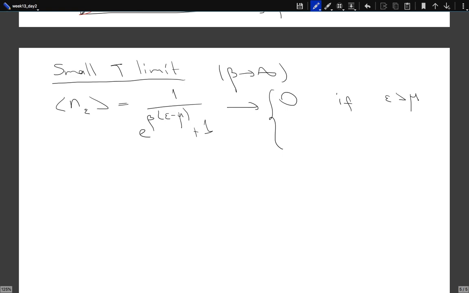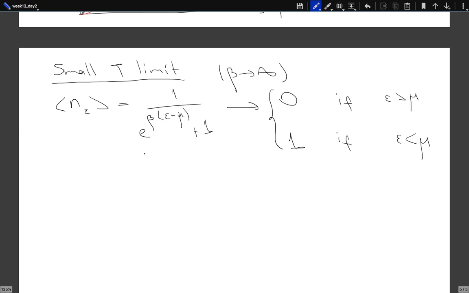And on the other hand, if epsilon is less than mu, you see epsilon minus mu is a negative number. If you multiply it with positive infinite, you get a minus infinite. e to the power minus infinity is 0. So that exponent in the beta goes to infinity limit just becomes 0. So 1 over 0 plus 1 is just 1.